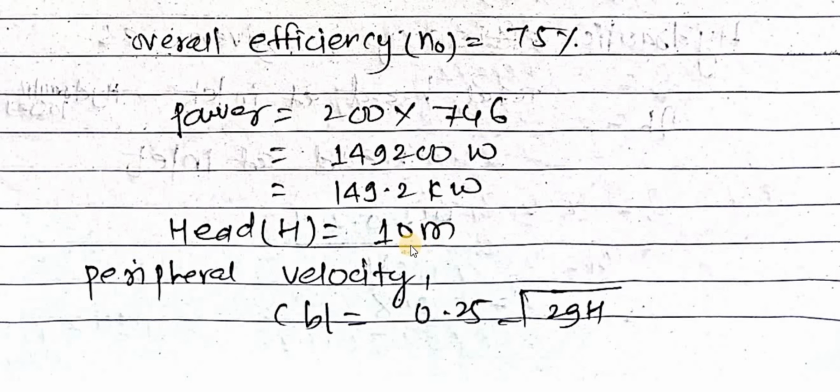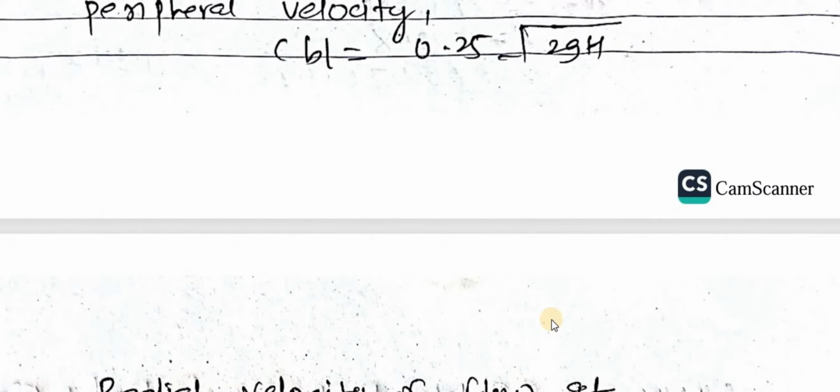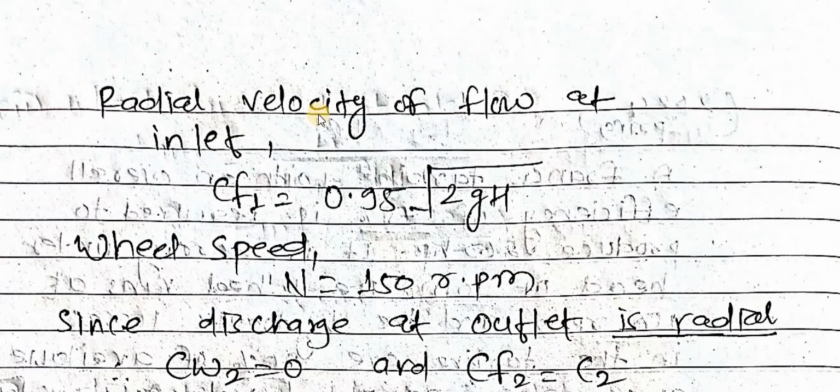And the head is 10 meters. Peripheral velocity Cb1 is given as 0.25 root 2gH, and the radial velocity of flow at inlet is Cf1 equal to 0.95 root 2gH. Wheel speed is already given, 150 rpm.